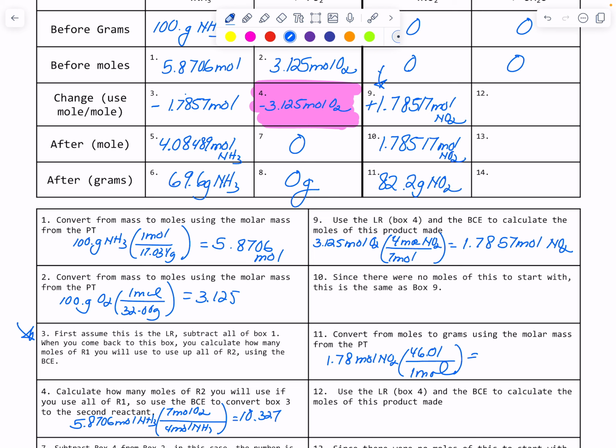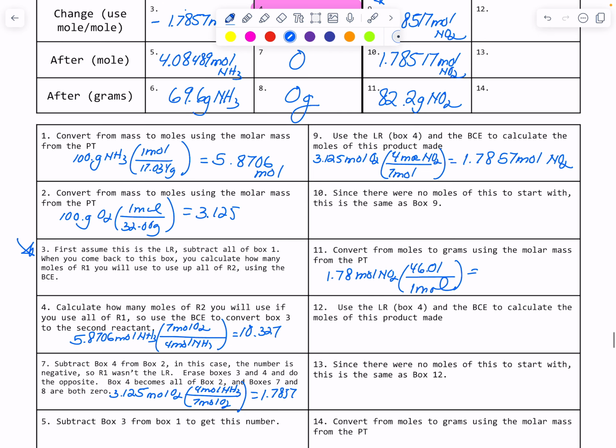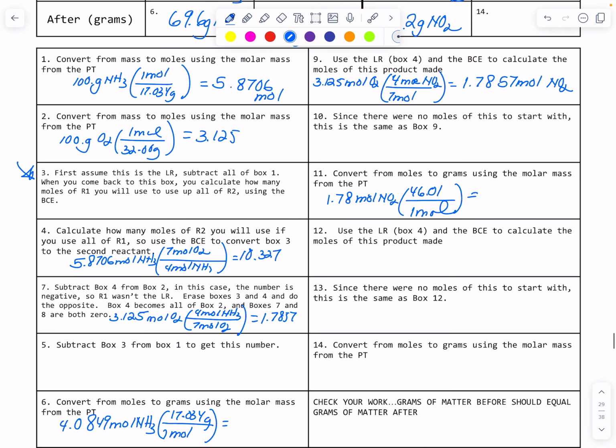And now I just do the exact same thing for the other product. I know that I am going to use up all my limiting reactant, so 3.125 moles of oxygen, and according to the balanced chemical equation, when I use 7 moles of oxygen, I will produce 6 moles of water.